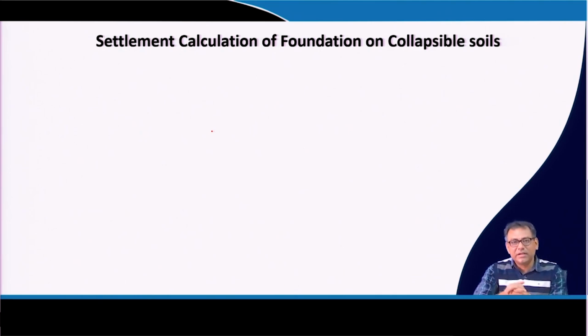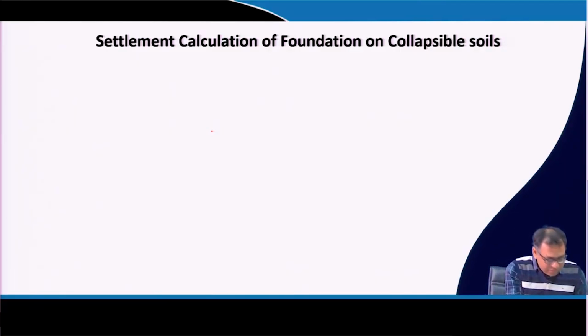Now we increase the load gradually on both samples, one under natural moisture content condition and another under saturated condition, and we will measure the volume change for every load increment, and then we will get a path for saturated soil and for soil under natural moisture content condition. So, I will show you how we can calculate this collapse settlement.